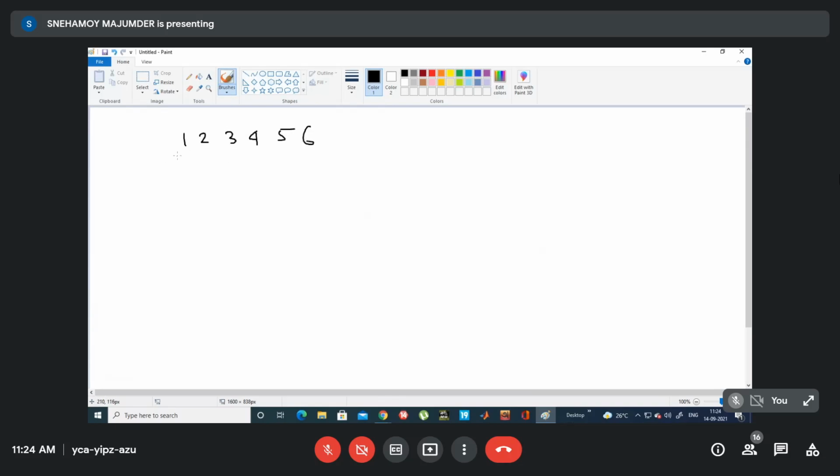These 6 digits I can store at maximum in its location, in computer nomenclature, memory location or memory word. I can store only 6 numbers.